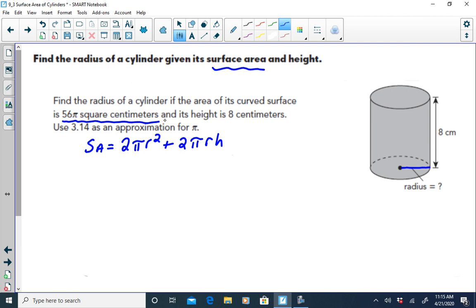surface area, which is 56 times pi, so we want to write that, 56 times pi, that's going to be equal to, let's see, 2 times pi times r times h.